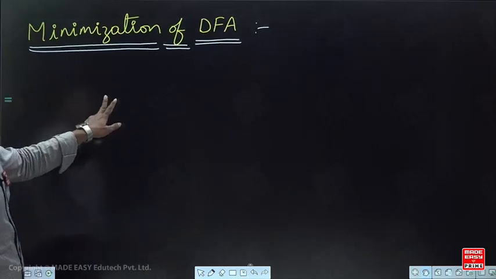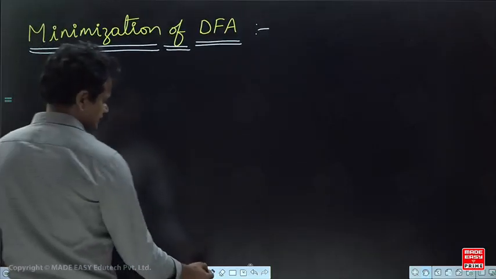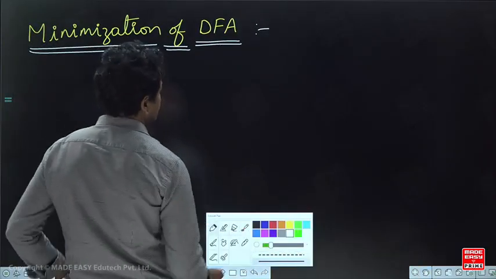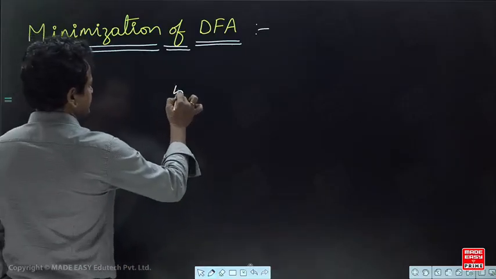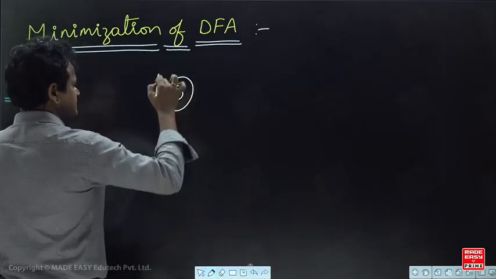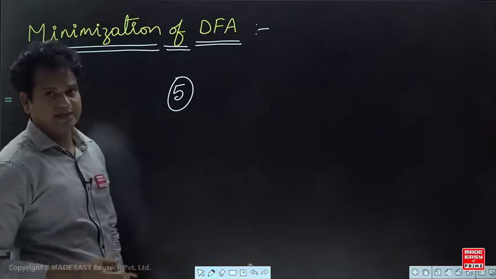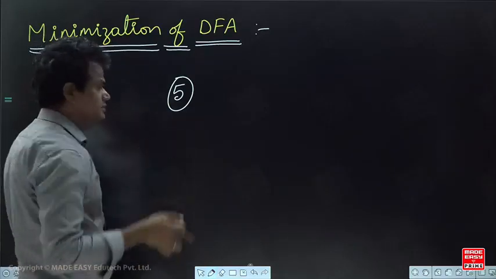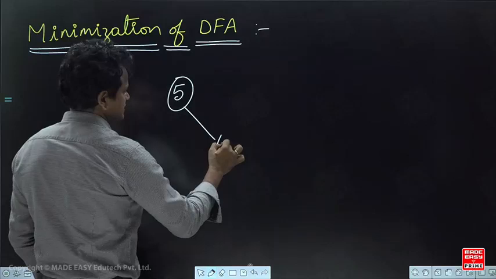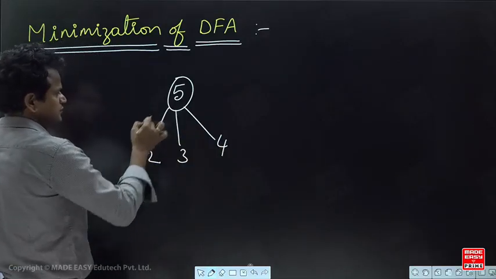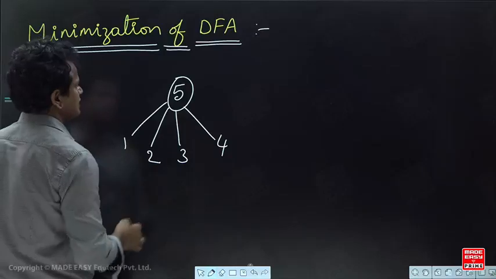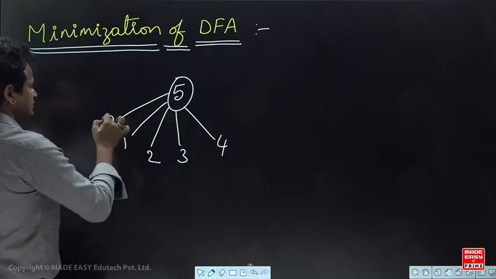Minimization of DFA means reducing the number of states if possible. Suppose there is a DFA with 5 states. We may reduce the DFA to 4 states, or to 3 states, or to 2 states, or 1 state, or 0 states.